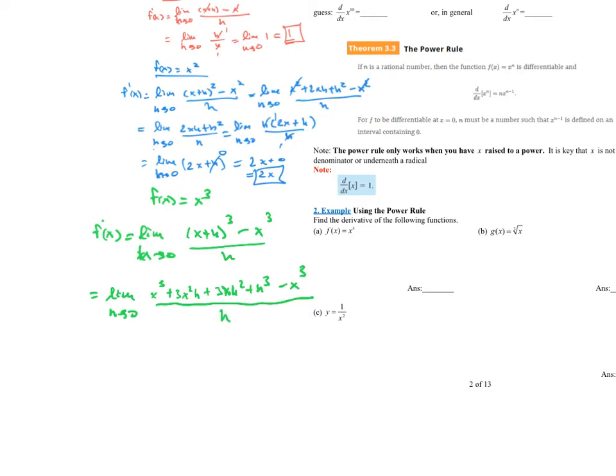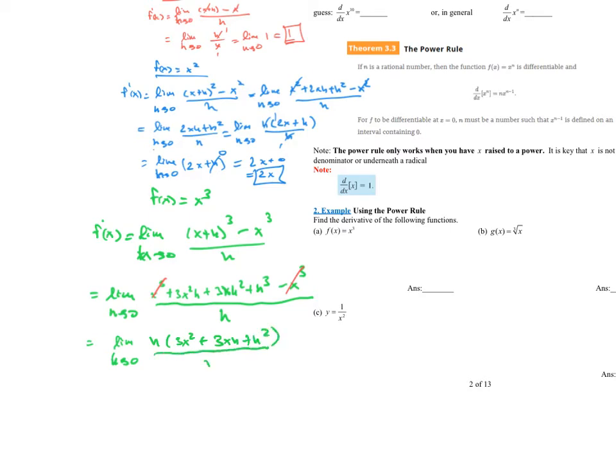Okay, so what happens? Well, we notice that the x cubes cancel. I'm going to do 2 steps in one to save some room here because I'm almost out of room. I'm going to look at all the remaining terms, and I'm going to realize there's an h in common in each one of those terms. So when I factor out that h, it would be h times, well, the first term would be 3x squared h divided by h is 3x squared. 3xh squared divided by h is 3xh, and h cubed divided by h is h squared.